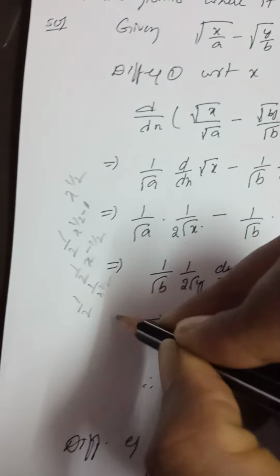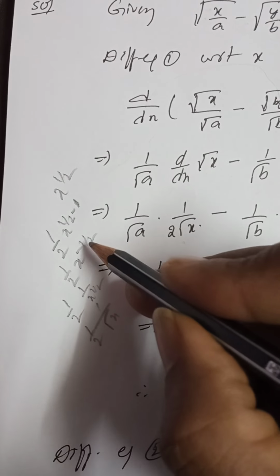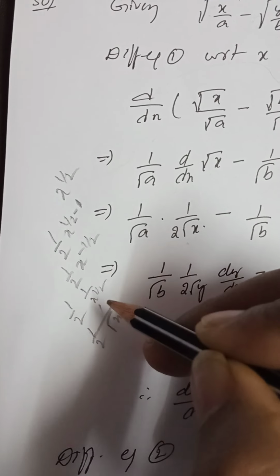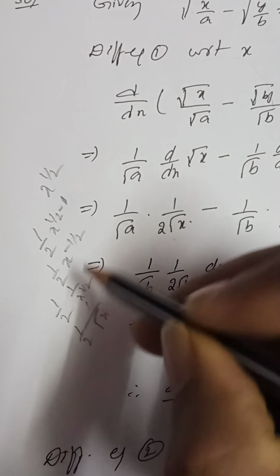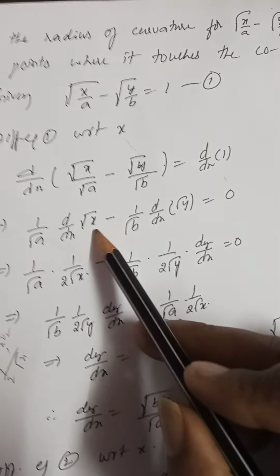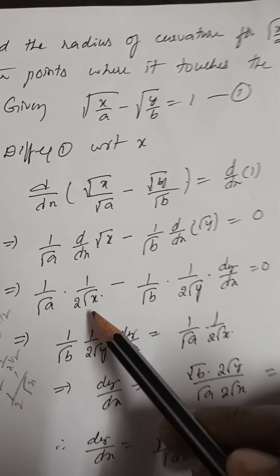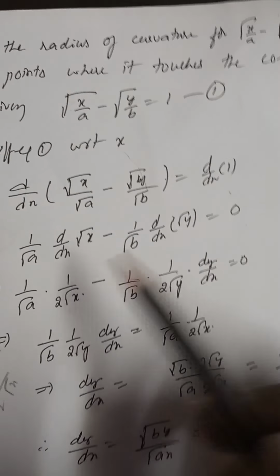That is 1 by 2 into square root of x, right? x to the power of minus 1 by 2, if you transport into the denominator, it becomes positive 1 by x to the power of 1 by 2. Therefore, differentiation of root x is nothing but 1 by 2 root x, right?